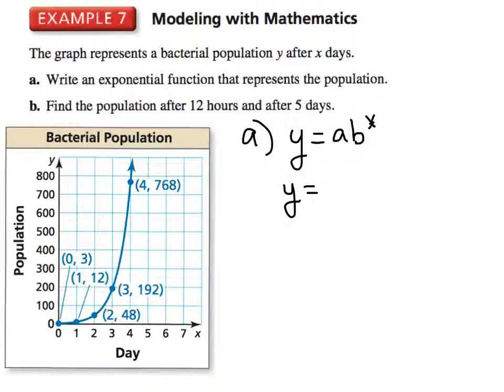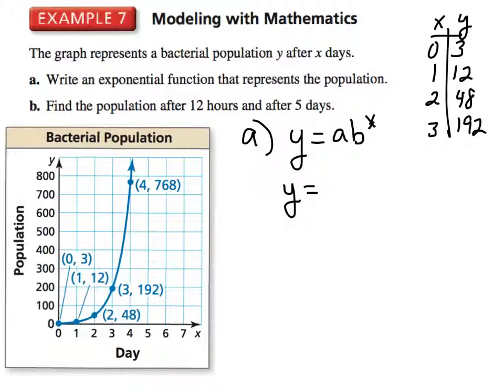Well, if we just made a table real fast, you start at 0, 3. The next ordered pair is 1, 12, then 2, 48, then 3, 192. So you just figure out what happens. You start at 3, so your a value is 3, times b to the x power.